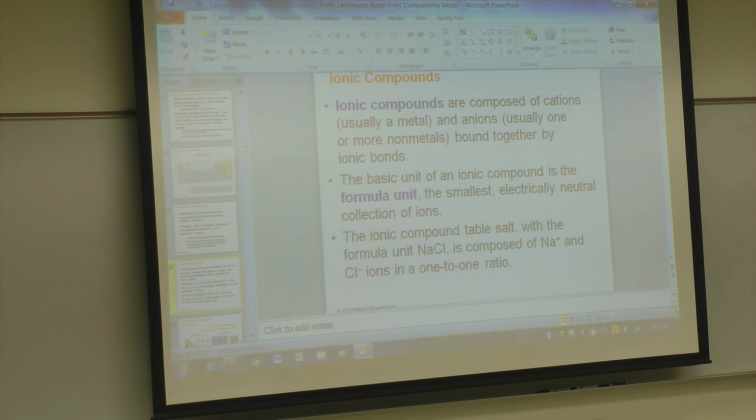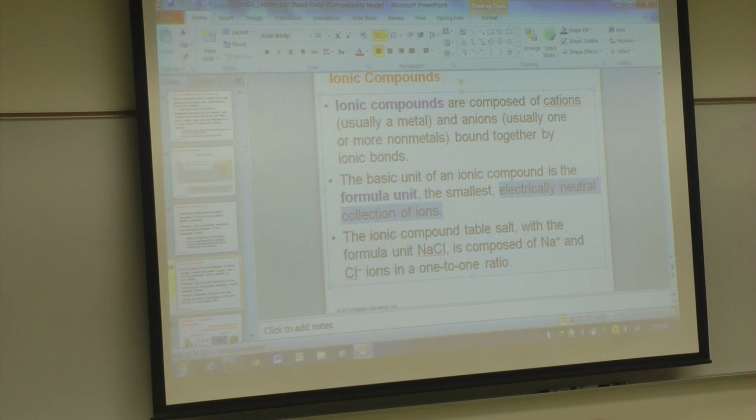And while ionic compounds have cations like sodium or potassium or calcium or magnesium, they are bound together by electrostatic forces and referred to as ionic bonds. So their basic unit is referred to as the formula unit, which is a collection of electrically neutral ions.